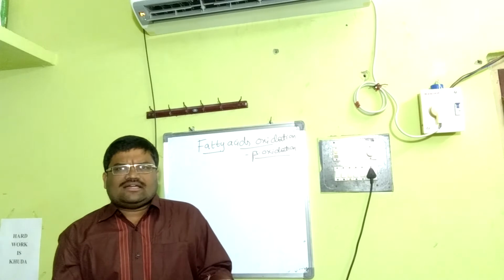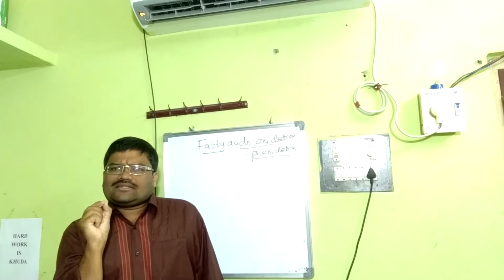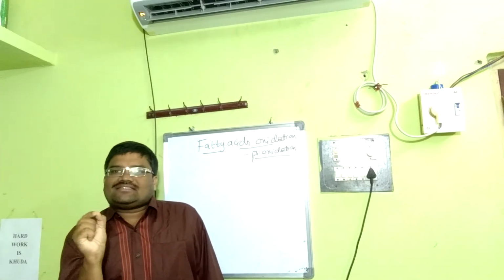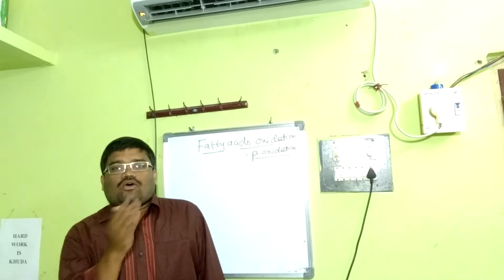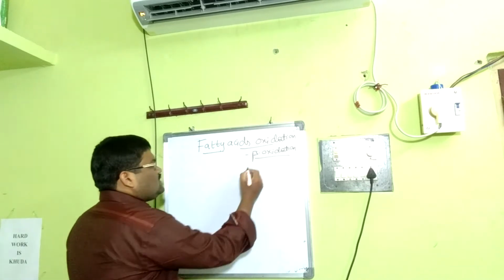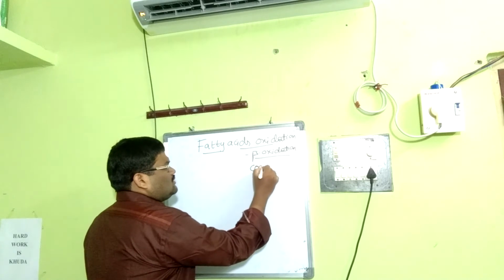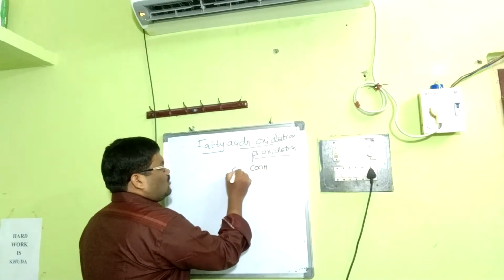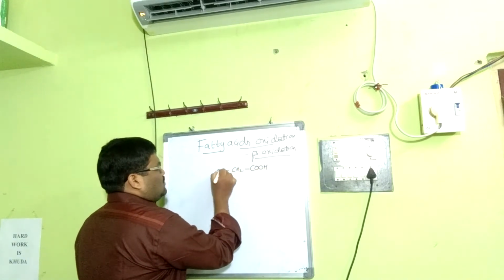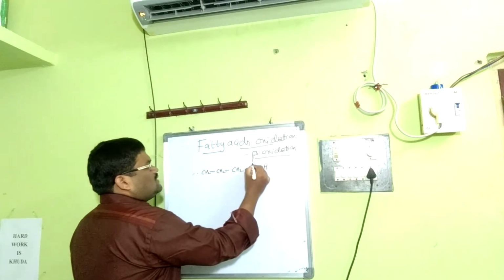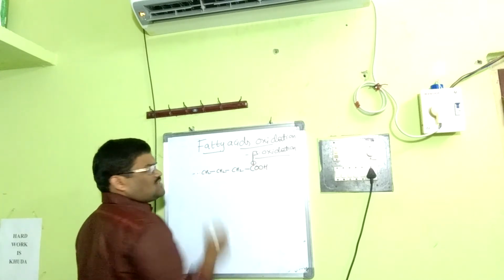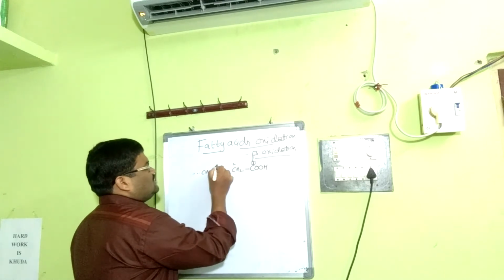Of course, the fatty acids are nothing but a carboxyl group, that means a carboxylic acid plus a hydrocarbon side chain, and they are named accordingly. For example, say this is a carboxyl carbon and this is a hydrocarbon side chain. This is considered as the first carbon. This is second, third.